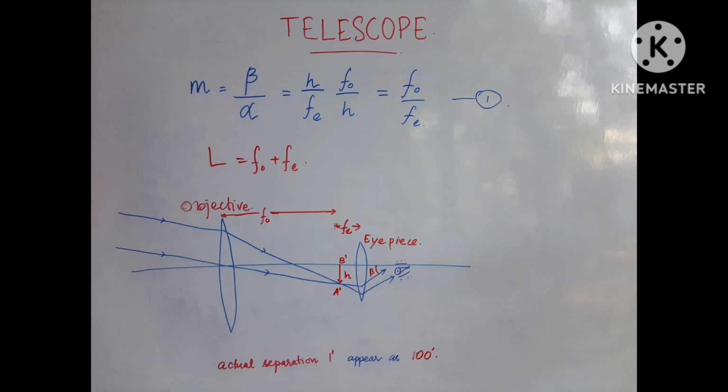It is the angle subtended at the eye by the final image. What does alpha mean? It is the angle subtended by the object at the lens or eye. So we can say that m is equal to beta by alpha, which is equal to f0 by fe.